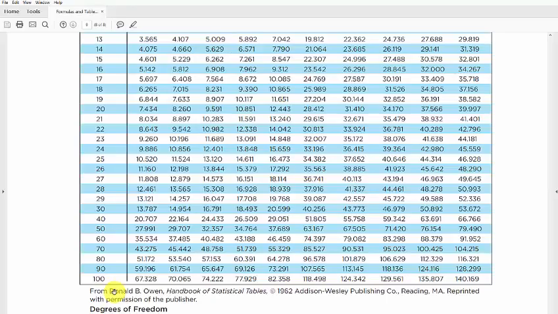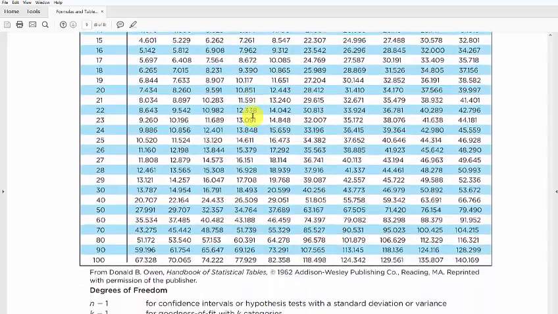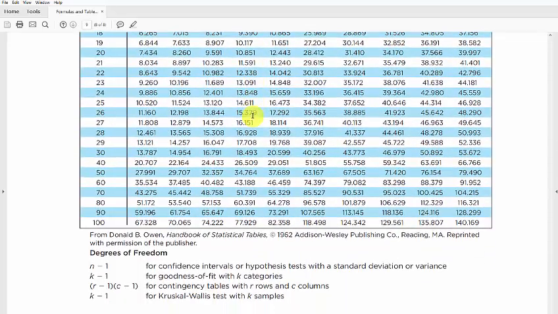So here is the chi-squared table. Along the top, we want to find the 0.95 column because that's the one that has an area to the left of 0.05. Remember, this is the area to the right. And so we're going to be using the fourth column over. We have 35 degrees of freedom. Unfortunately, that's halfway between 30 and 40, so we're going to use the average of these two.